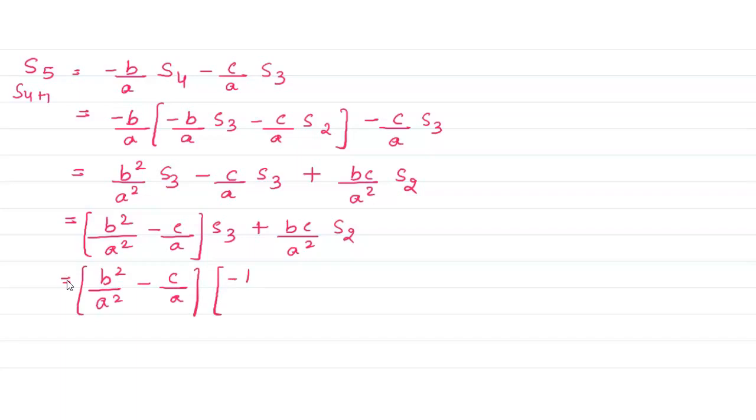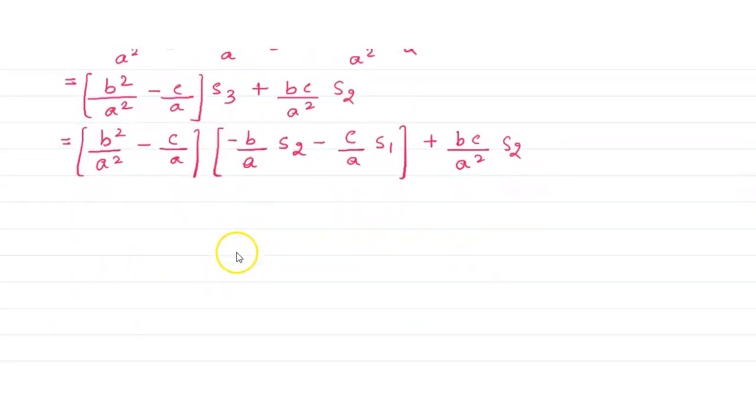So minus b by a S2 minus c by a S1, plus bc by a square S2. We are just finding the values and just solving them, right? Now again we will do multiplication.